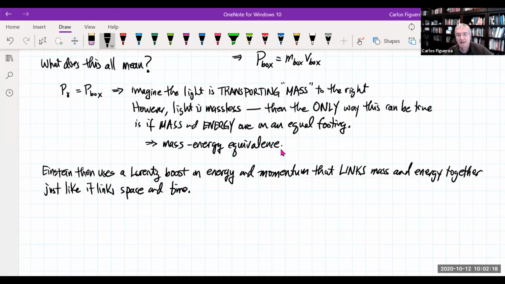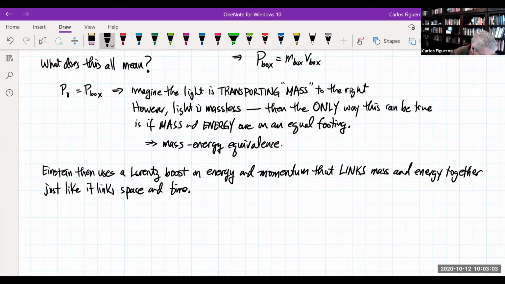So nobody realized that energy and mass were connected in this way, just like nobody realized that there was a connection between space and time, as we saw in special relativity when we're looking at the Lorentz boost in those cases. So when he does that, there's a second equivalence. Just like there's an equivalence of space and time in space-time diagrams, there's an equivalence of mass and energy, which is really wild here. Okay, I think that's really deep. So by looking at this, it reaffirms that he's moving in the right direction.